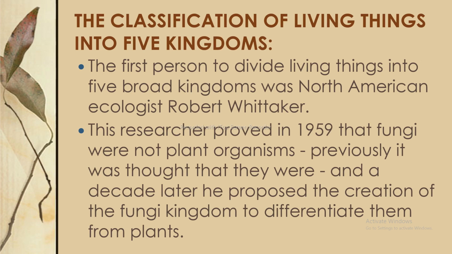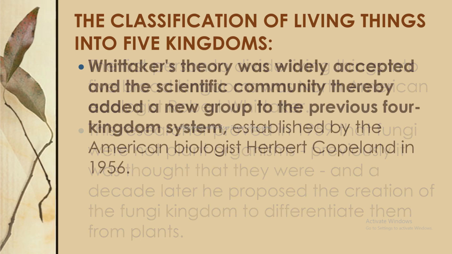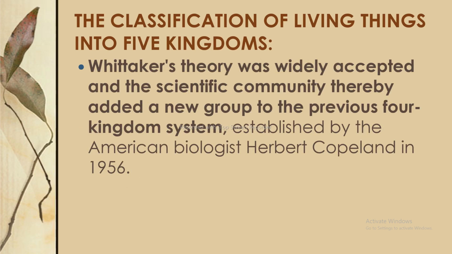Previously it was thought that they were, and a decade later he proposed the creation of the fungi kingdom to differentiate them from plants. Whittaker's theory was widely accepted and the scientific community thereby added a new group to the previous four kingdom system, established by the American biologist Herbert Copeland in 1956.